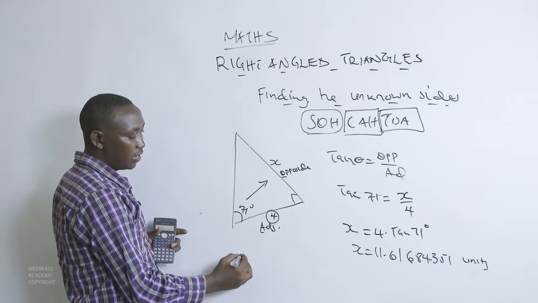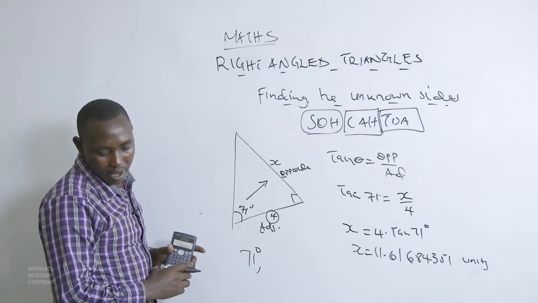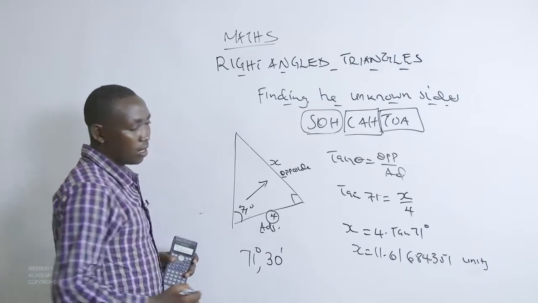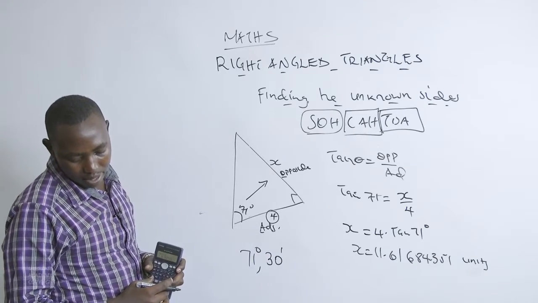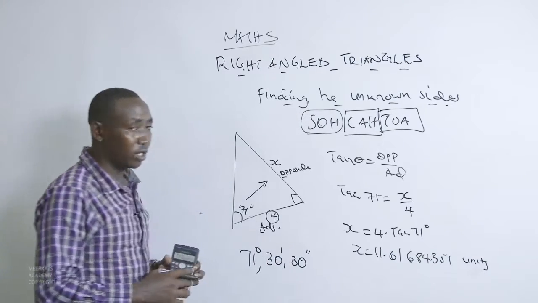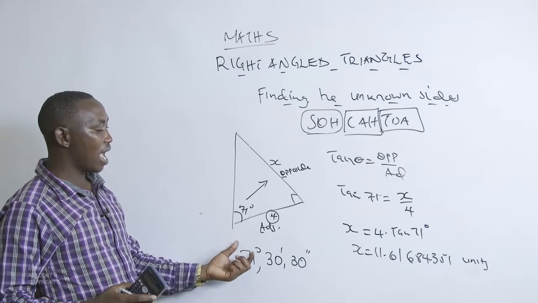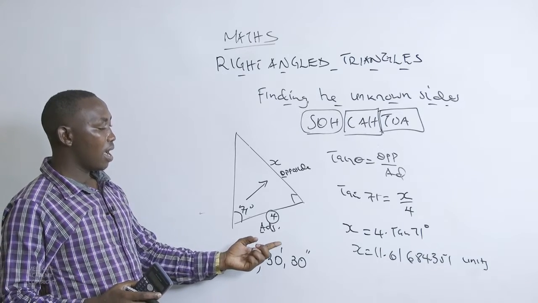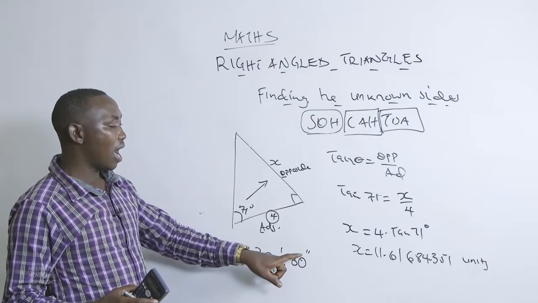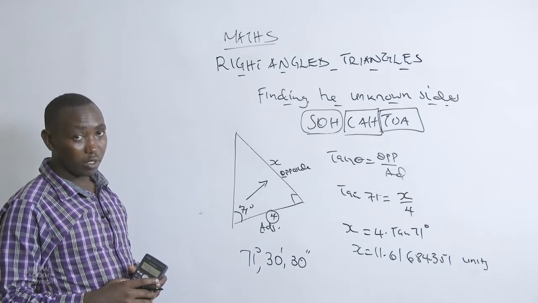For example, if you have 71 degrees followed by 30 minutes, for example, and then 30 seconds. So this small circle above the angle denotes a degree. A small comma on top denotes a minute, and two small commas on top denote seconds.